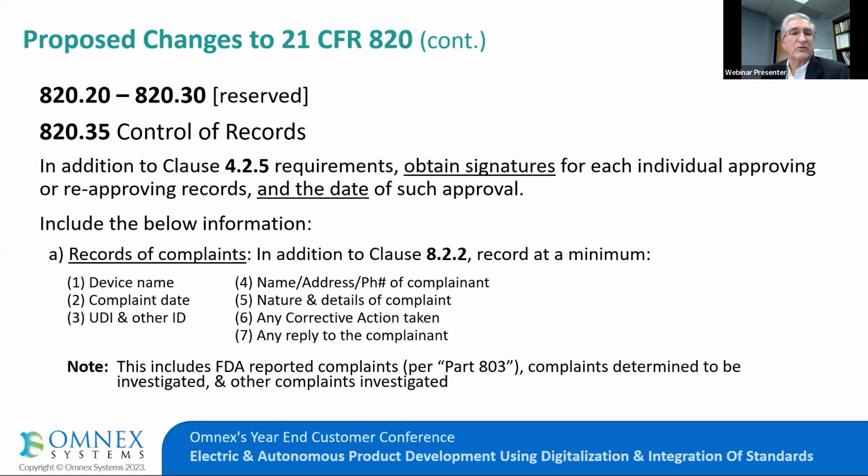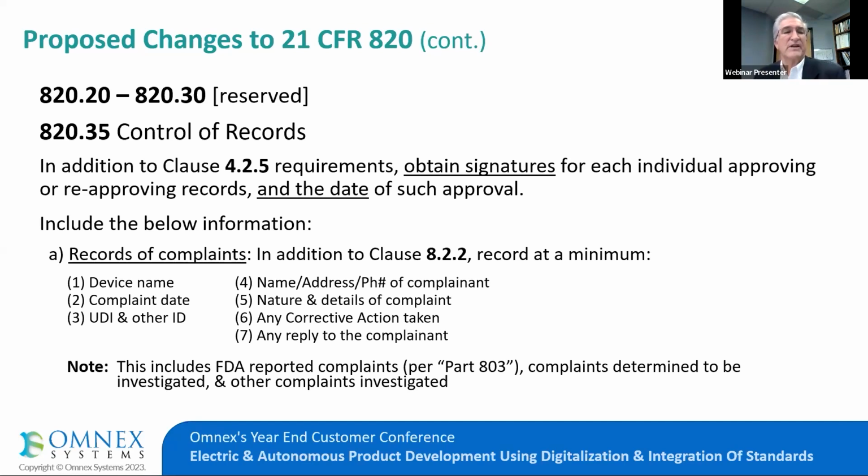In addition to Clause 4.2.5 requirements under control of records, that's paragraph 35, you need to obtain signatures for each individual approving or reapproving records and the date of such approval.